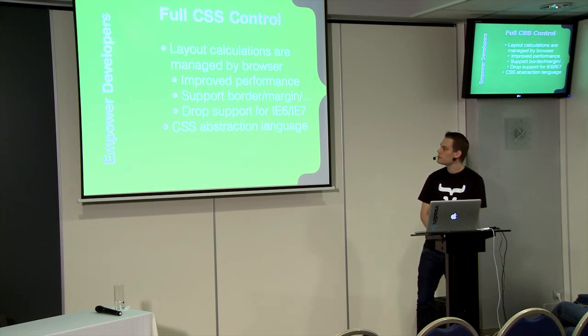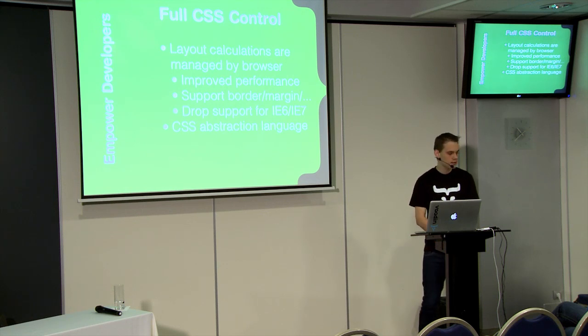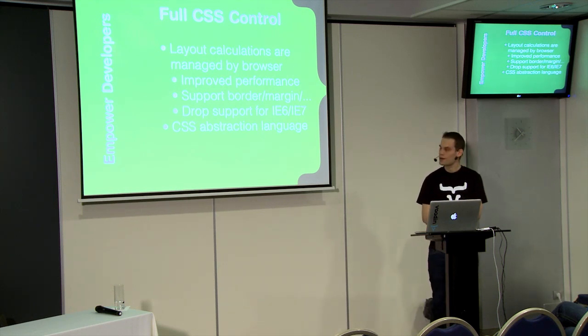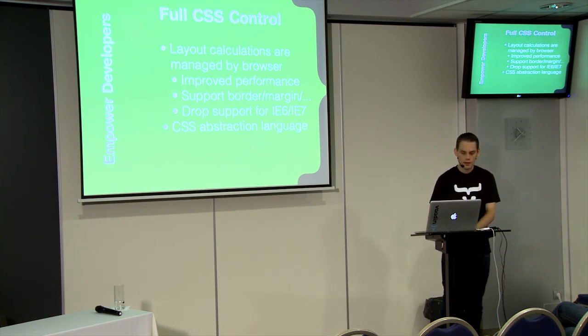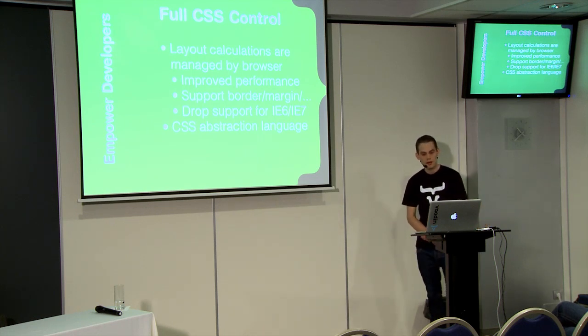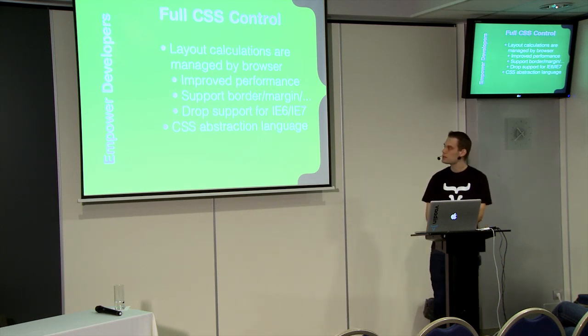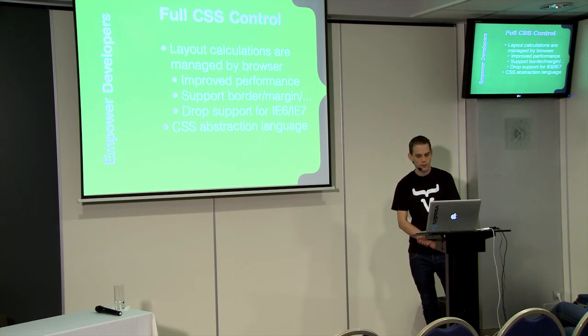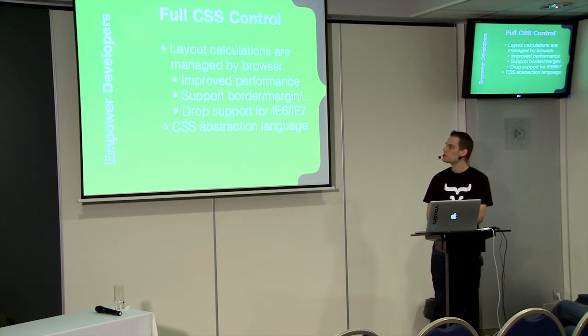The reason for this is that Vaadin 6 supports IE6 and IE7, but now in Vaadin 7 we actually drop support for IE6 and IE7, and we can remove those pixel calculations, and the layout performance will be much better.